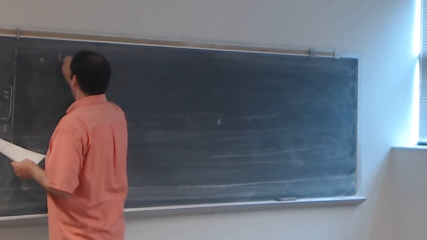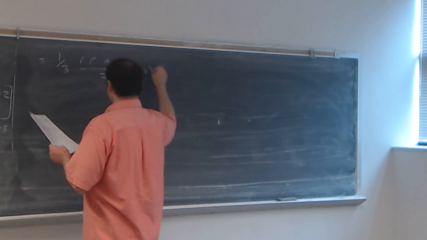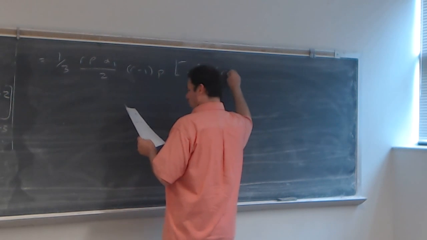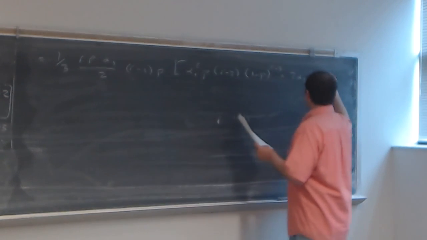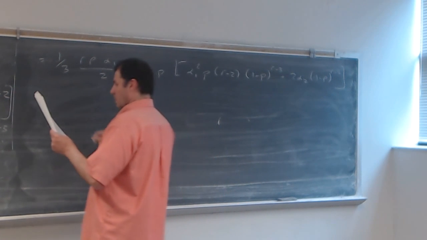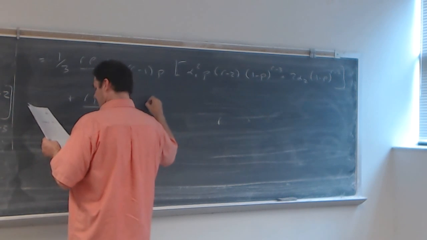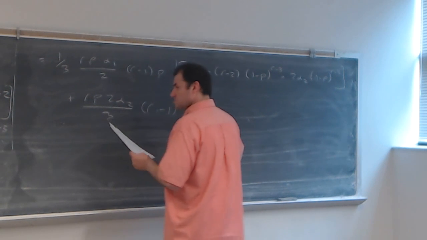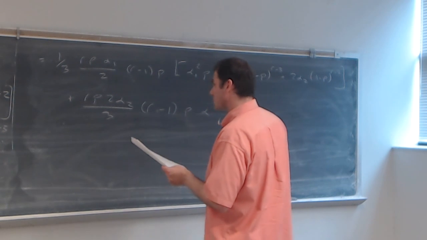It's equal to 1/3, so algebraically, RP times alpha sub 1 over 2 times R minus 1 times P times this quantity, alpha sub 1 squared P times R minus 2 times 1 minus P to the R minus 3 plus 2 alpha sub 2 times 1 minus P to the R minus 2 plus RP times 2 alpha sub 2 over 3 times R minus 1 times P times, I think it's alpha sub 1.